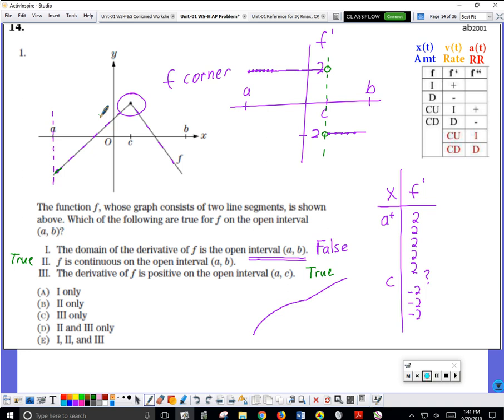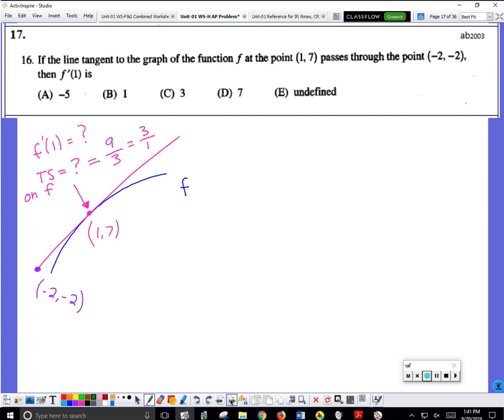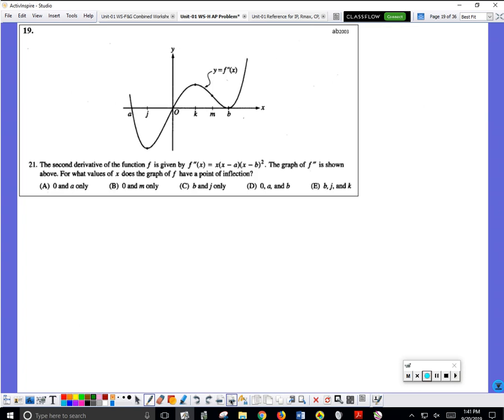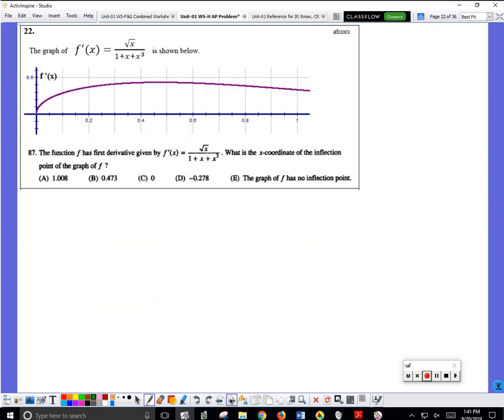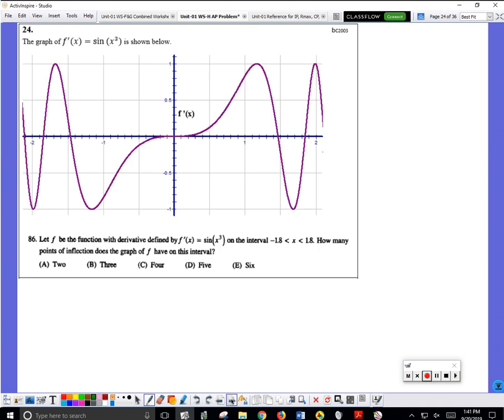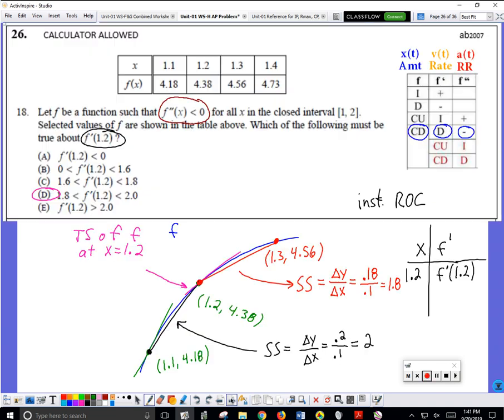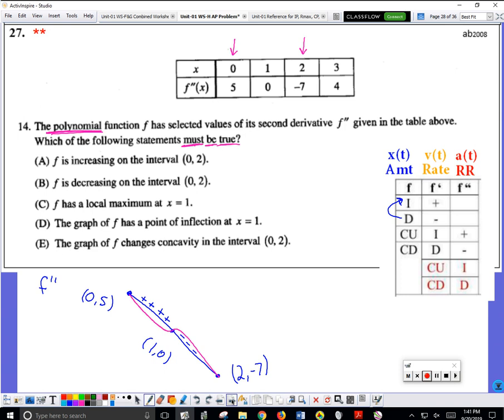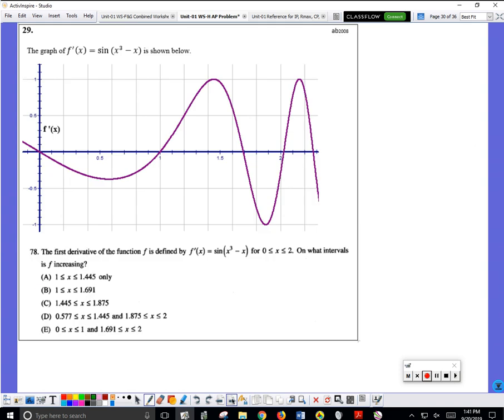Other questions? Please. So if there's a corner on the graph of f, f is continuous, but f prime is not? In that example, f was continuous, but the corner on f made f not differentiable at that point.